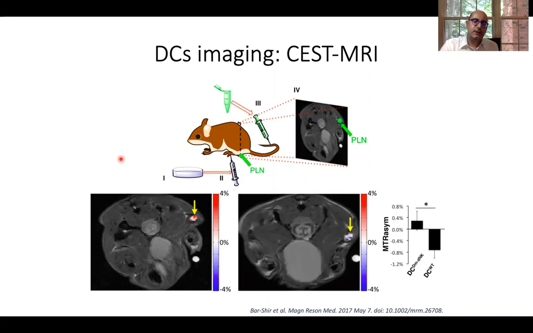We started by injection of the engineered dendritic cells into the footpad of a mouse, together with stimulation that caused some sort of allergy, and the dendritic cells migrated to the popliteal lymph node.